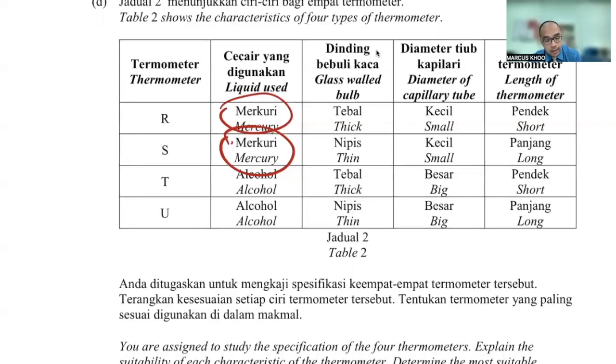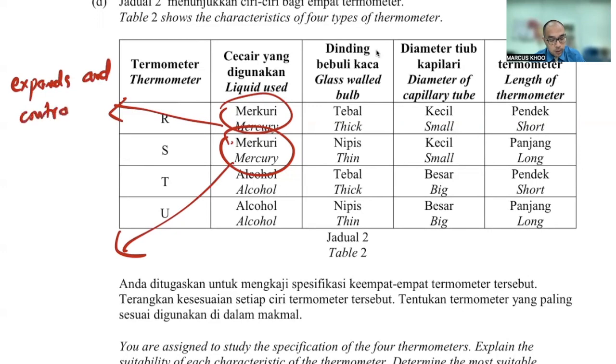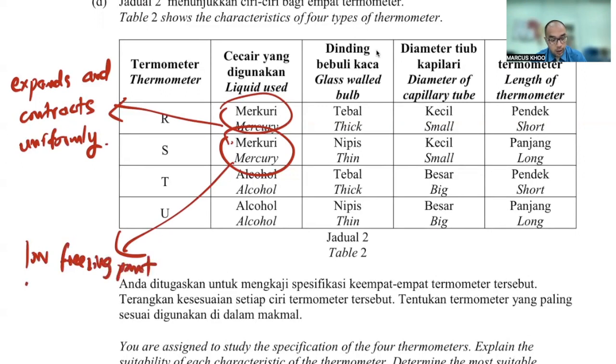Now, the standard answers for mercury thermometer are 2. One, which is my favorite one, is that it expands and contracts uniformly. This is a very standard answer. Another one is that it has a low freezing point, or a high boiling point.